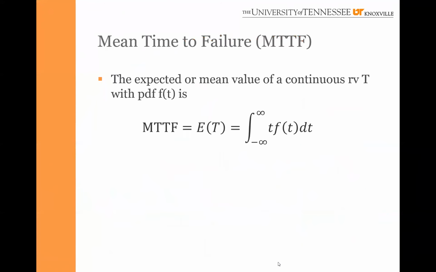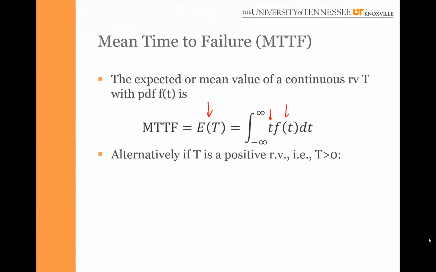Okay. So we can calculate the mean time to failure using this function. We have seen MTTF, or E of t, before. If I multiply t by f(t) and integrate all the way from -∞ to +∞, that gives me the expected value of the random variable.